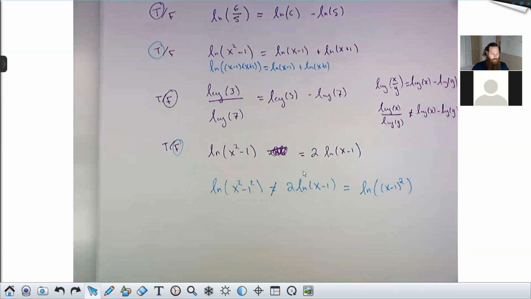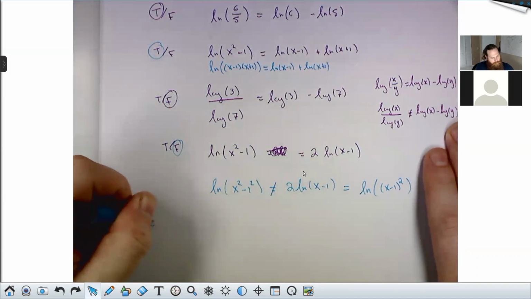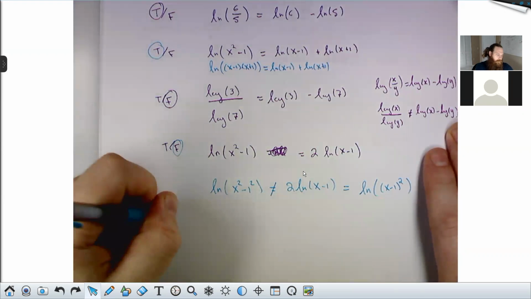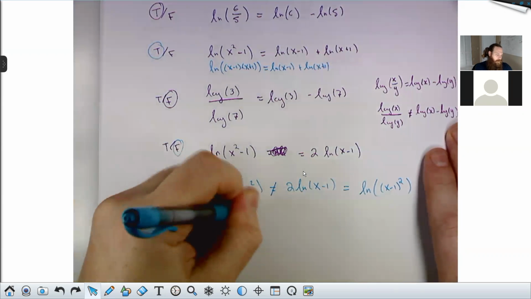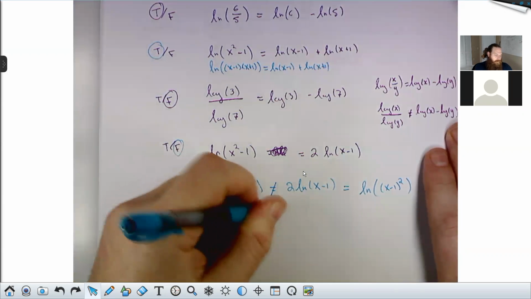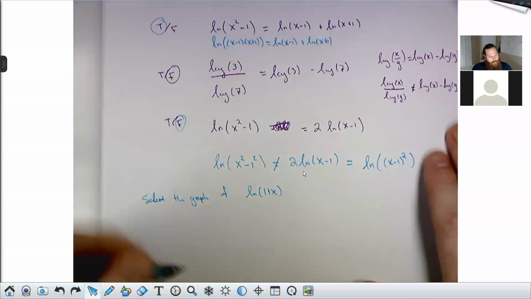Good. Okay. I could ask you to select the correct graph of natural log 1 plus x, or even to draw the graph of the natural log of 1 plus x. How would you do that?